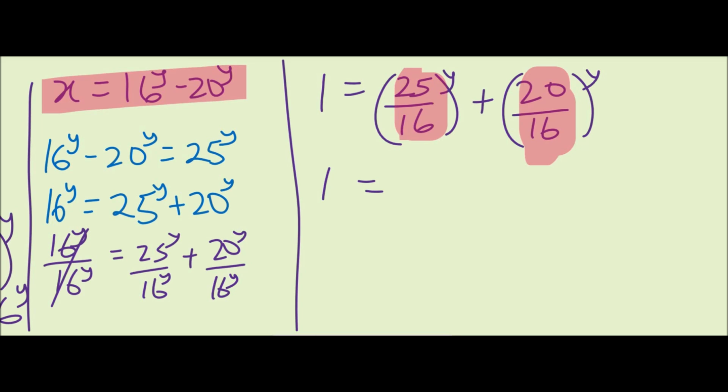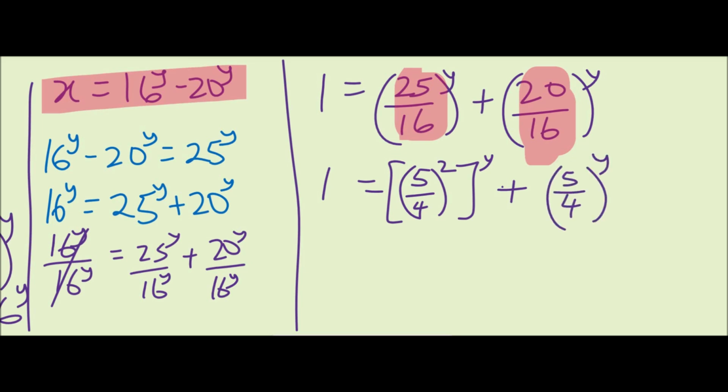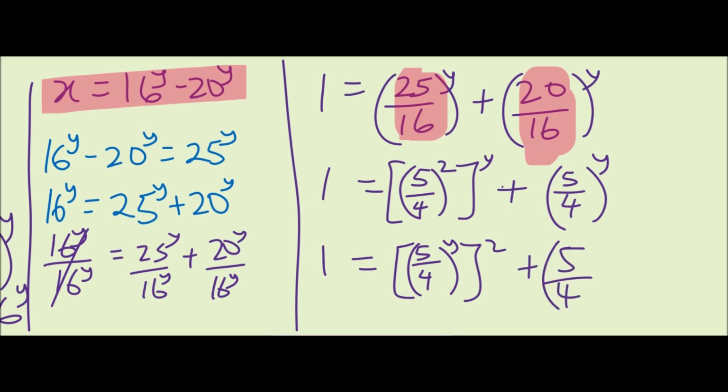So therefore I have 5 over 4 to the power of 2, everything to the power of y, plus, if you reduce this to the lowest term, 4 goes into 20 and 16, so I have 5 over 4 to the power of y. This is making sense now. 1 equals 5 over 4 to the power of y everything squared plus 5 over 4 to the power of y.